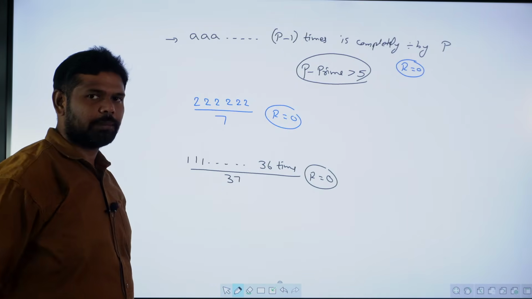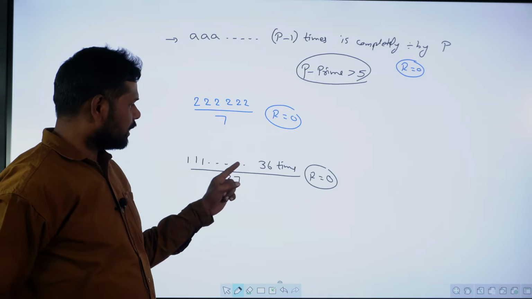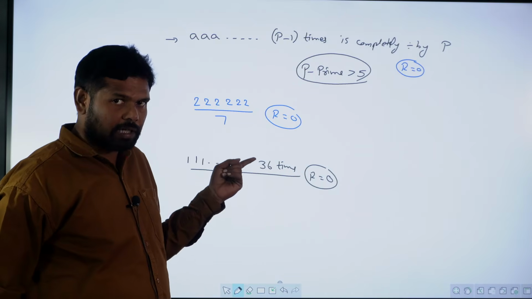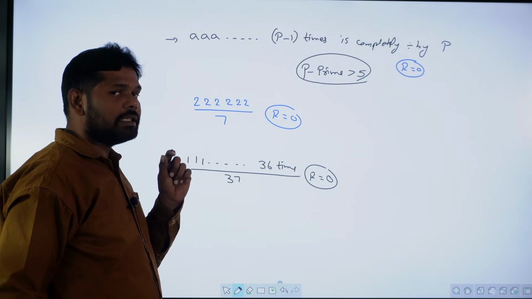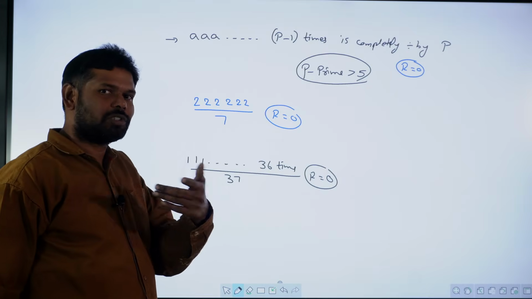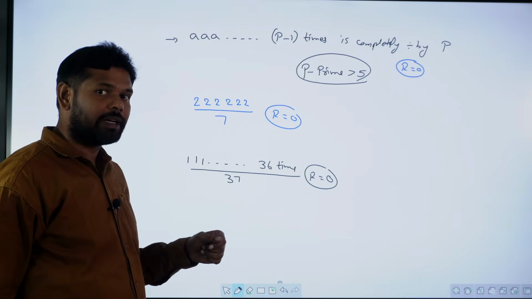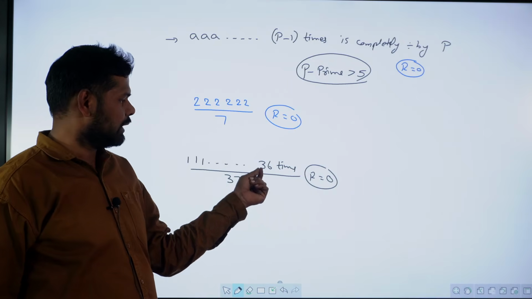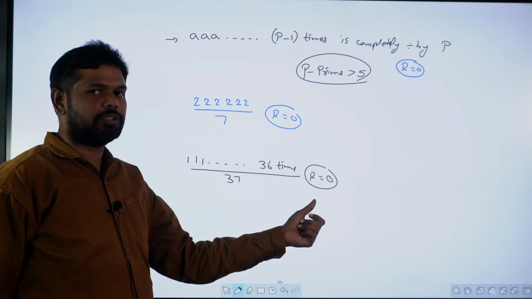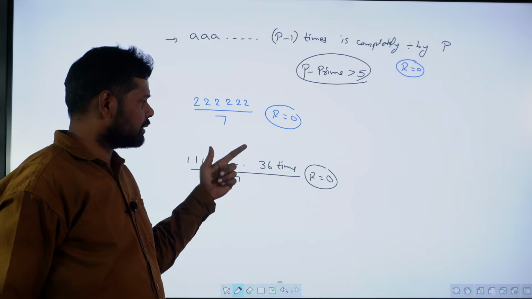Why? 37 is a prime number and the digit is repeated 37 minus 1 times. That's why the remainder is 0. Otherwise, one more concept is applicable: any digit repeated 3 times is divisible by 3, 37 and 111. A multiple of 3 is 36, so it is completely divisible. So the remainder is 0.